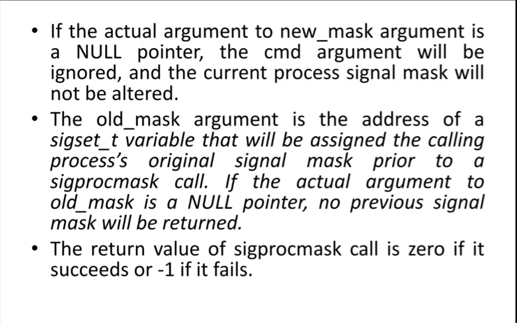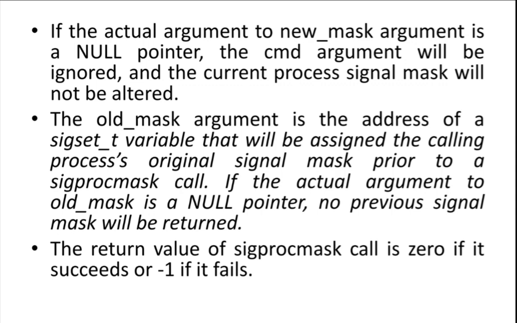Getting, guys? If the actual argument to the old mask is a null pointer, no previous signal mask will be returned. Obviously, here also the old mask argument is a null pointer, which means no previous signal mask will be returned. That means no mask is maintained. Mask is there, but it does not contain the signals that need to be blocked. Don't get confused, guys. Old mask argument means it is the value of the old mask.